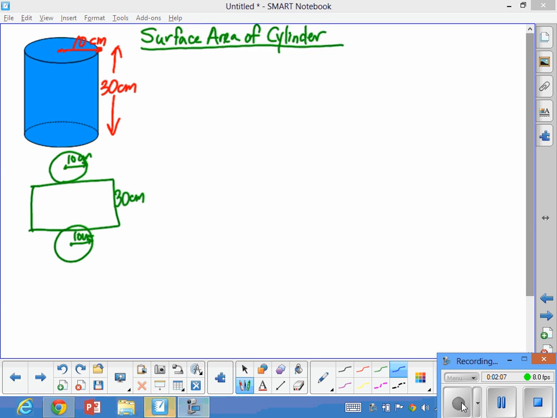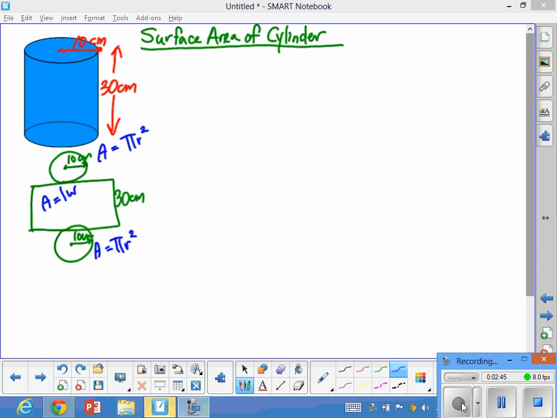The next thing that we need to keep in mind is our formulas for calculating area. The formula to calculate the area of any circle is area equals pi r squared. We're going to use that formula for the top as well as the bottom. And we know the formula for calculating the area of a rectangle. That's quite simple. Area equals length times width.